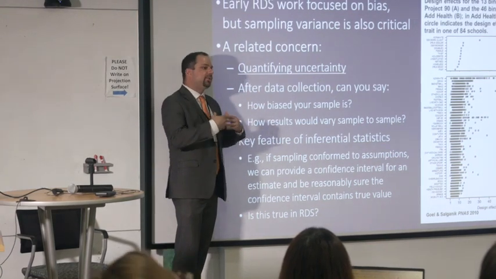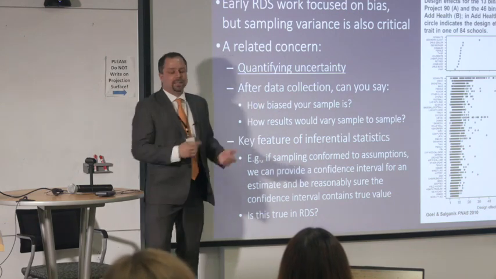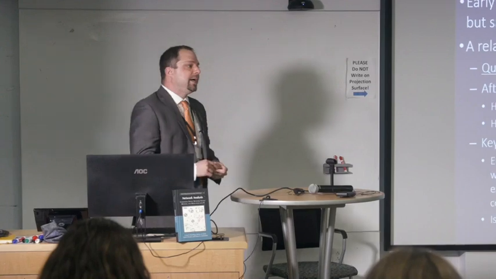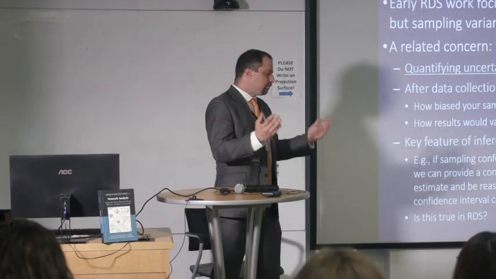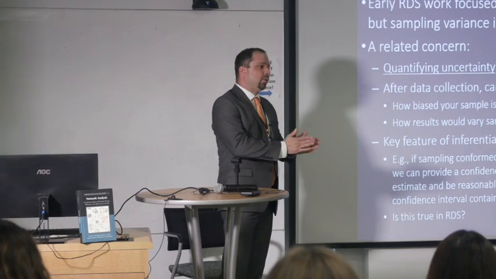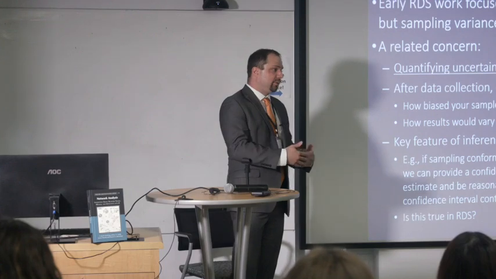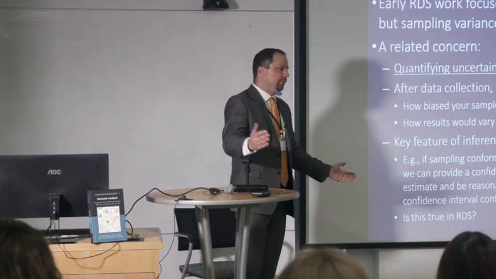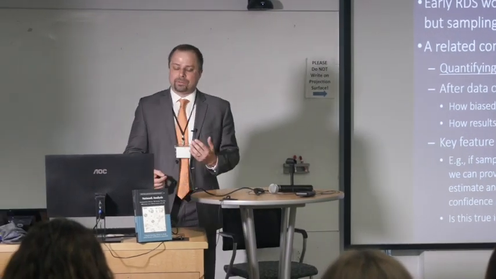The estimates of sampling variance don't tend to reflect the actual sampling variance seen in the population, which leads to a big problem for inferential statistics. Essentially, we're coming up with RDS confidence intervals that say HIV in this population is between 20 and 30%, but in reality, if we were to repeat the procedure on the same population, we should be saying that it's between 10 and 40%. So that lack of coverage of the true confidence interval is a potential problem.